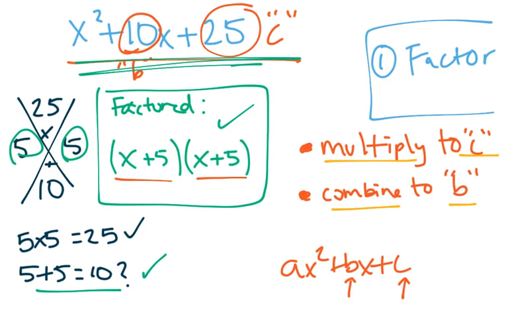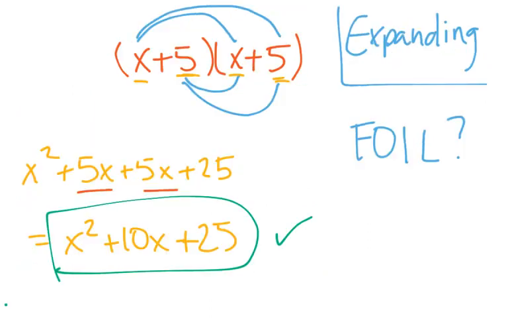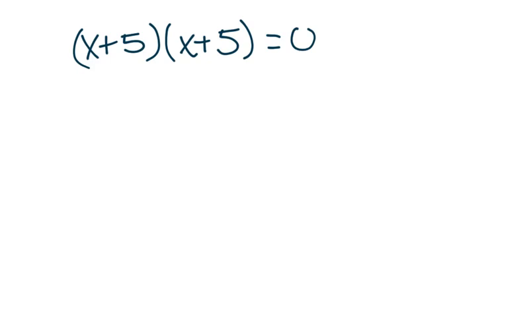But now, I've got this x plus 5 times x plus 5. If I'm trying to solve a quadratic, what do I do with that? In this case, you've got x plus 5 times x plus 5, and we're trying to say, when does it equal 0? What values of x do I need to make this equal to 0?